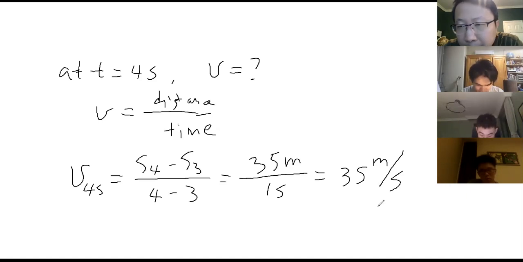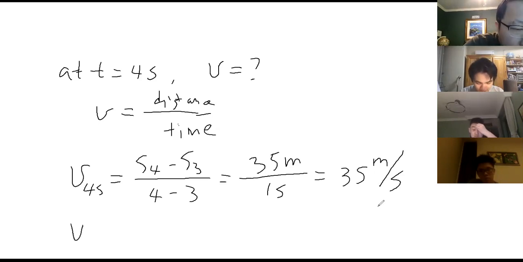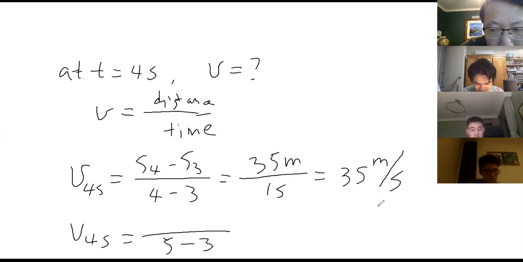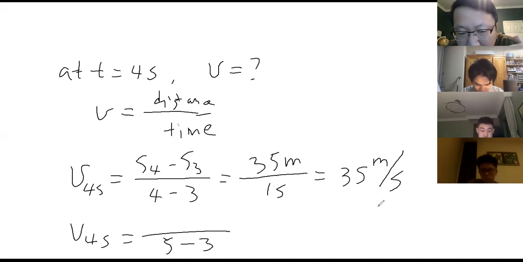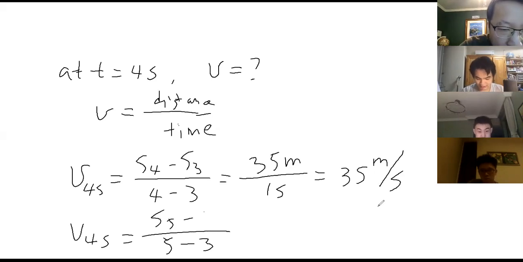But if I say, okay, I don't pick that 1 second, I pick 2 seconds. I pick number 5 minus number 3, right? I pick the 2 seconds from time 3 seconds to time 5 seconds. So it's S5 minus S3.